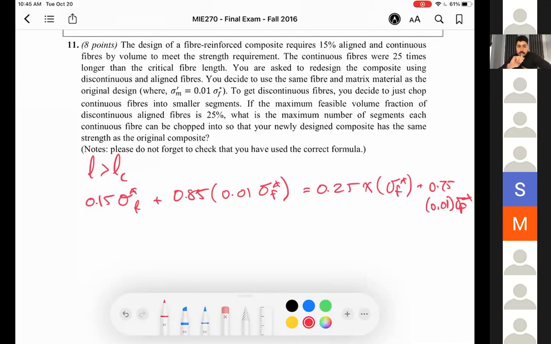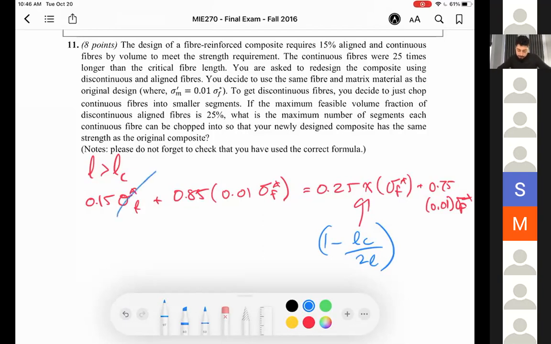I didn't do it like that, but okay, how did you do it? I used the same equation, but I didn't do the x's part of it. You didn't solve for x, so you plugged in the critical length right away, right? Yeah, I made the critical length in terms of sigma f star, and then I equated that to the critical length of the discontinuous one, and crossed out all the sigma f stars because they were all the same.